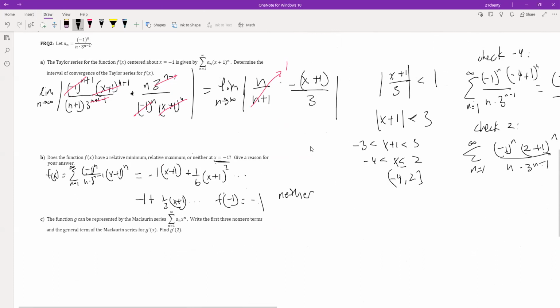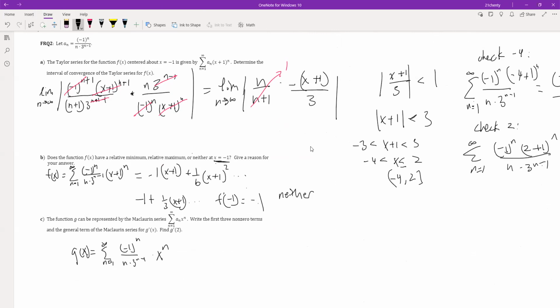So g of x equals, whoops, that's messy. Okay, that's better. That a sub n times x to the n.